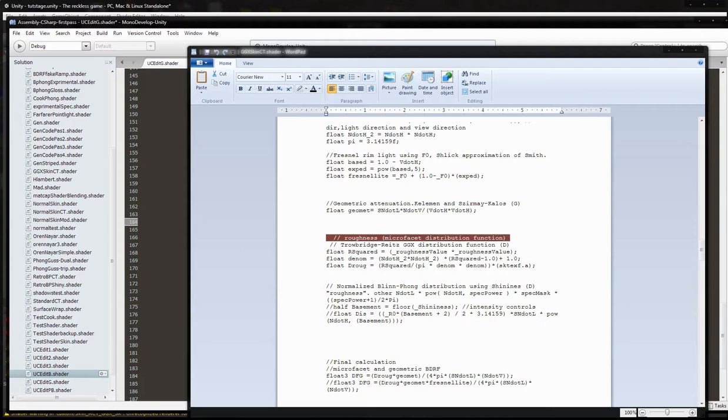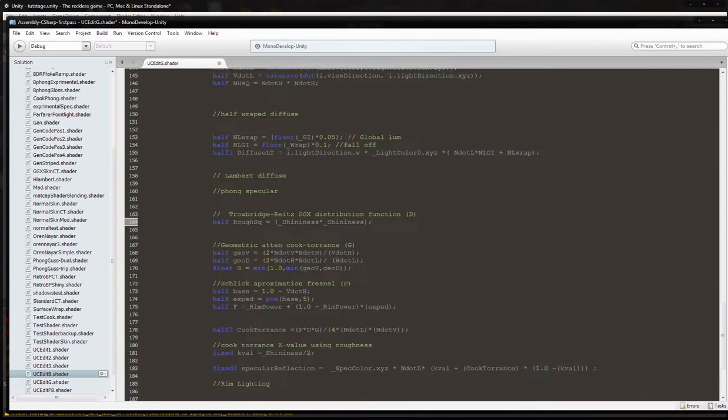And then the denominator, denom for denominator, that's what I call it.